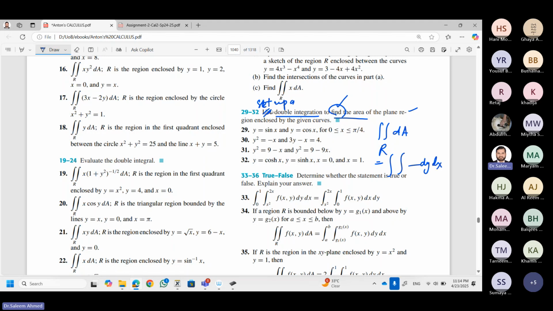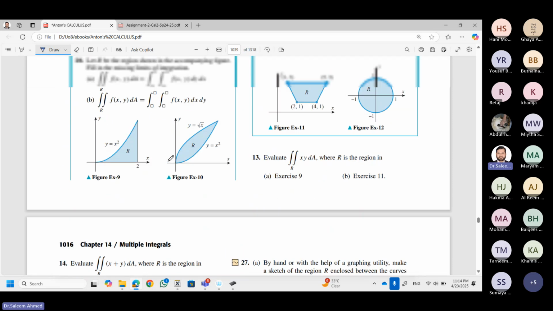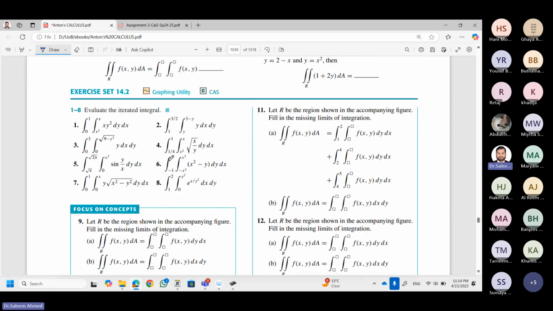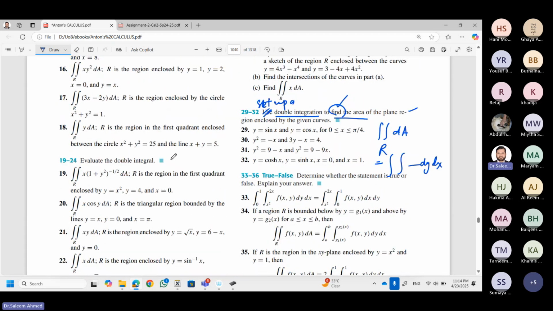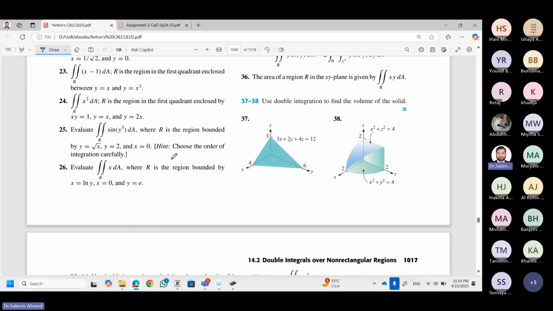I think there are volume problems as well. Use a double integral to find the volume of the solid. For the volume, it is a double integral over the region R and the surface.